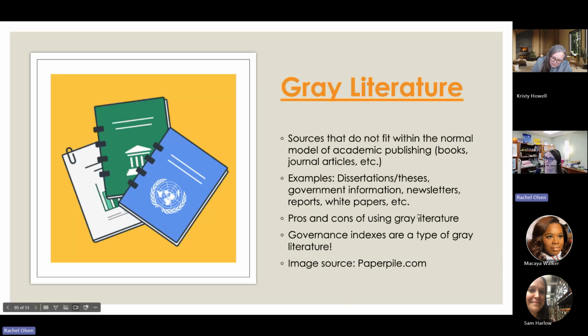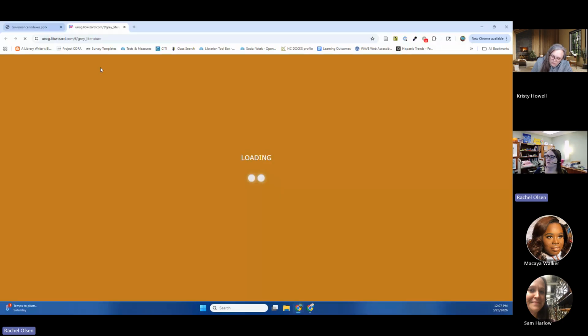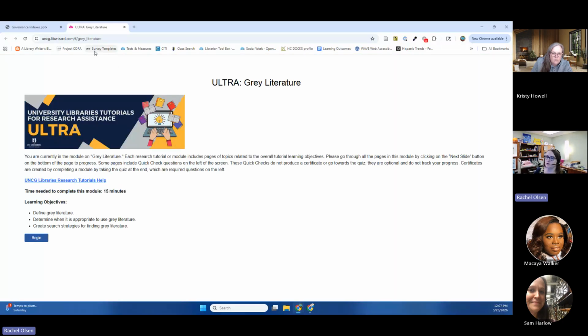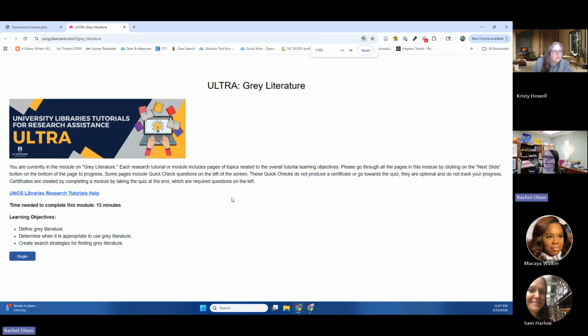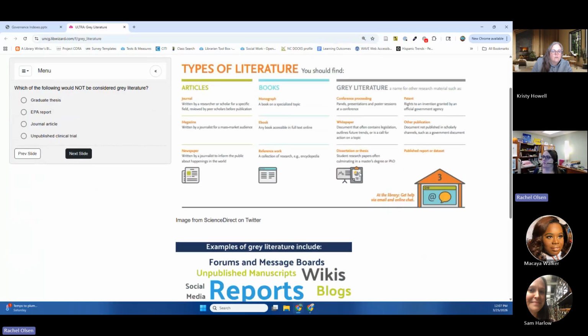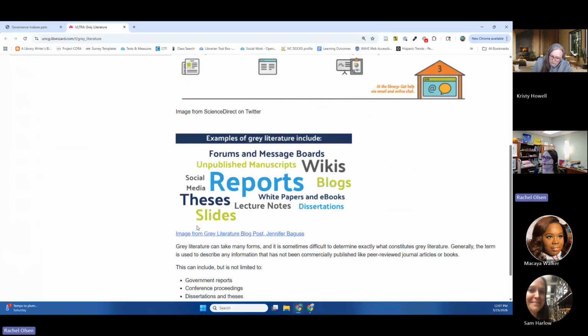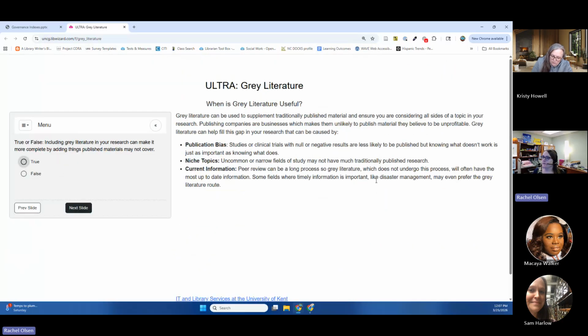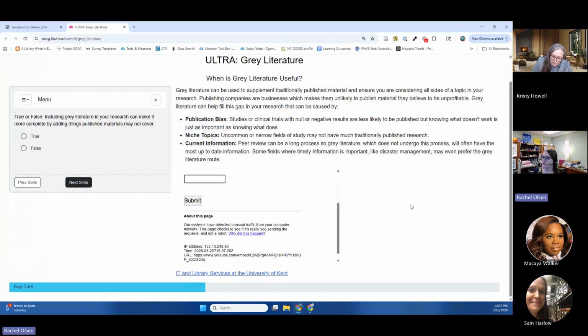So dissertations, theses, most government information, newsletters, reports, white papers, it depends on who you ask. We do have a really good tutorial on gray literature that I just wanted to be sure to point out to y'all. Anybody can use this. It goes into a little bit more depth about types of literature. I find it to be really useful. There are also some questions where you can check your understanding.